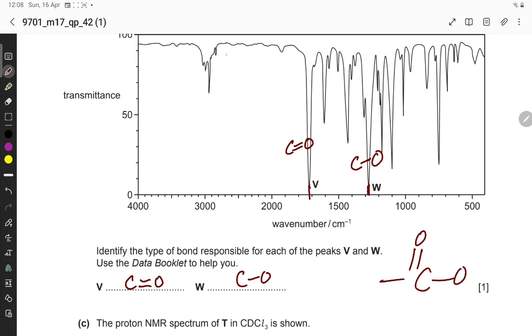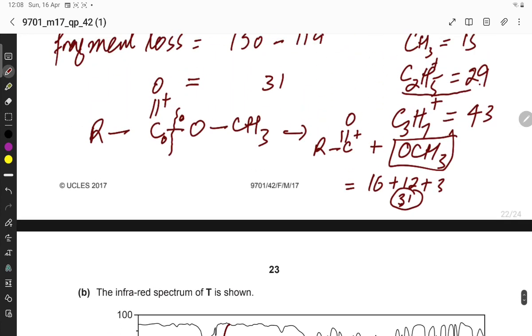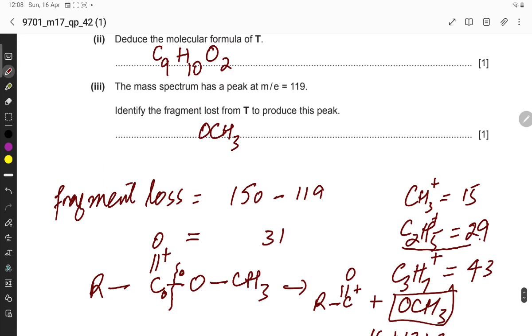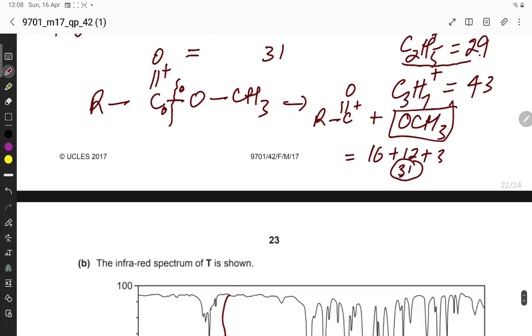So there is no broad peak for OH, no broad peak over here. So that's why this is an ester peak. Functional group is ester, and in this compound OCH3 might be lost from this molecule.